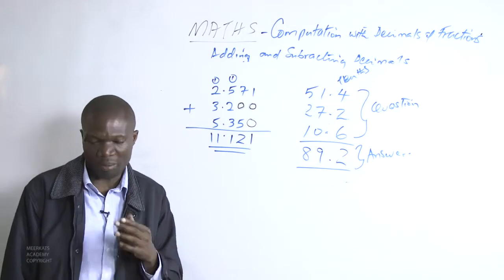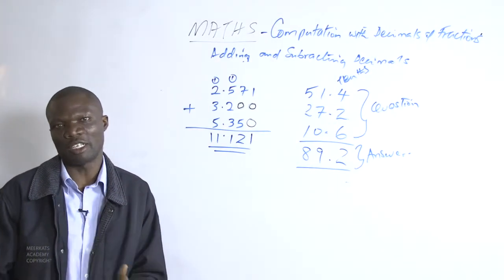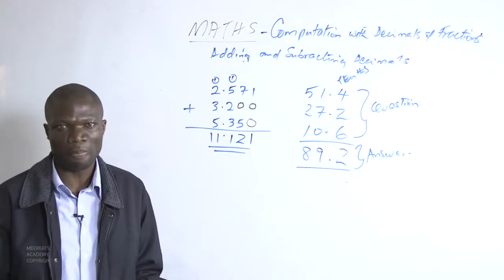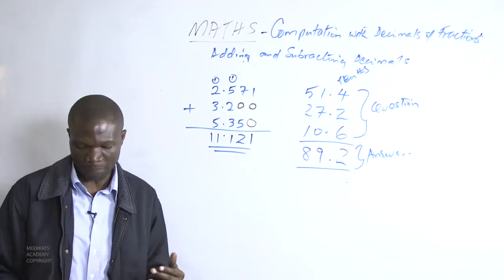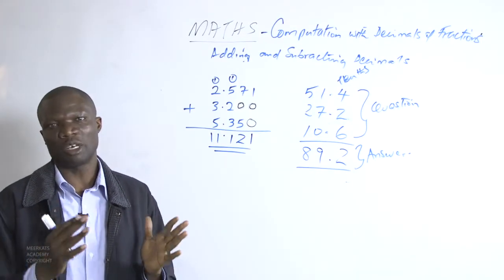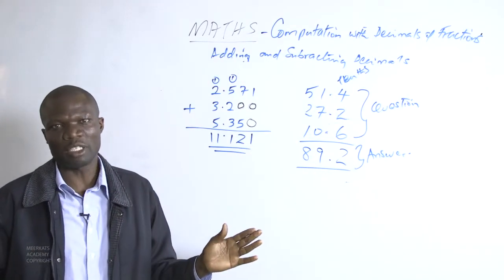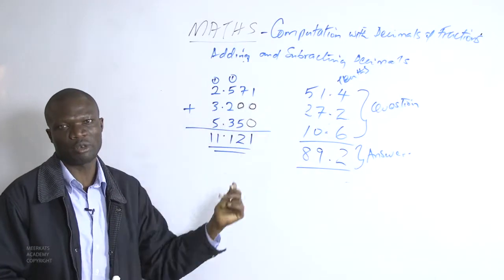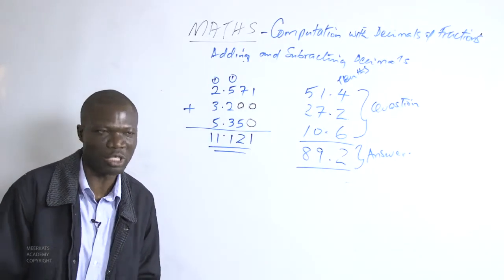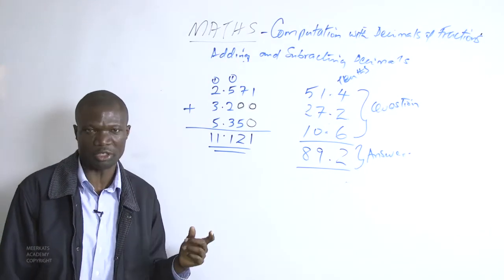Then once the numbers are aligned, we carry out the operation, that is the addition and subtraction, in the similar way we do it in whole numbers. And finally, in case we have some numbers with fewer decimal places and others with many decimal places, for the fewer decimal places, we shall add 0 so that they are equivalent with those with many decimal places. And there we are, we shall be ready to carry out the addition.